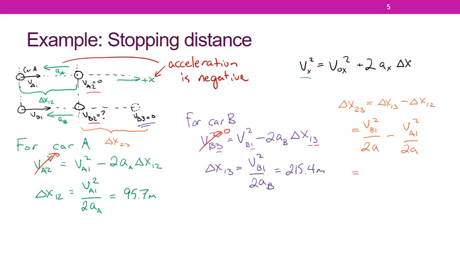Looking at my values, I get 119.7 meters, or about 131 yards, which is more than a football field. So by going 100 miles per hour instead of 70 miles per hour, I end up having more than a football field before I come to a stop.